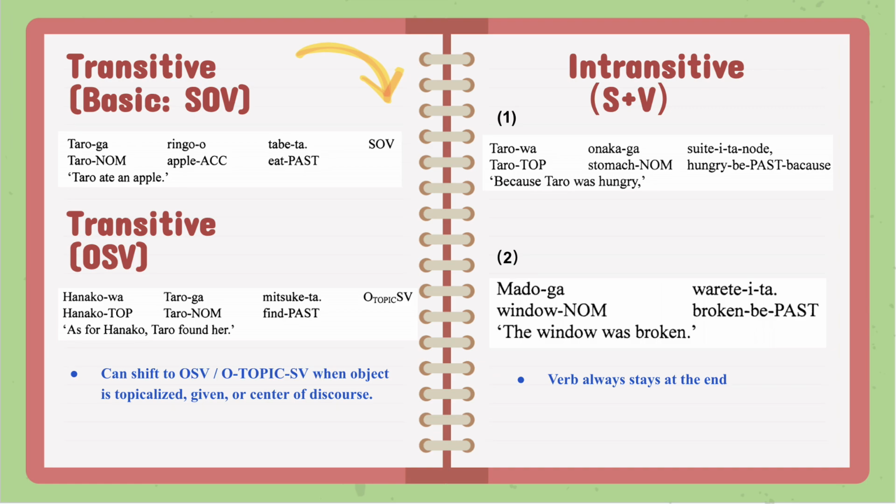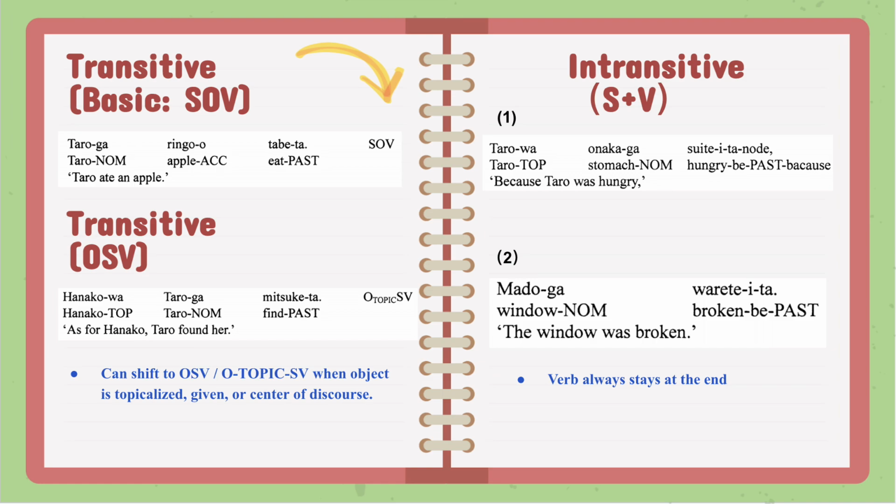For example, in this sentence, meaning as for Hanako, Taro found her, Hanako appears first as the topic marked by wa. Even with this flexibility, the verb still rigidly stays at the end. For intransitive verbs, the structure simplifies to subject plus verb, and again, the verb remains final.